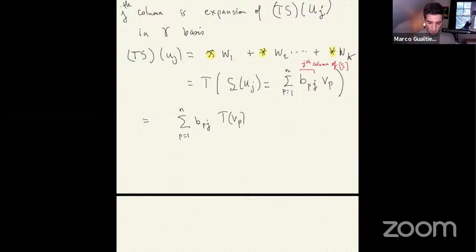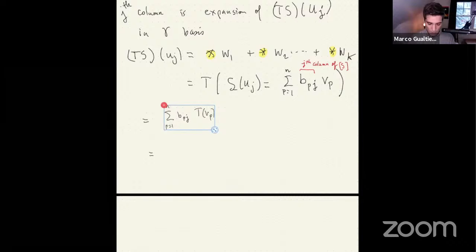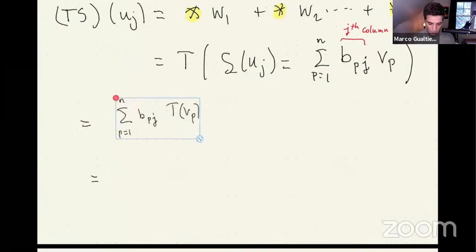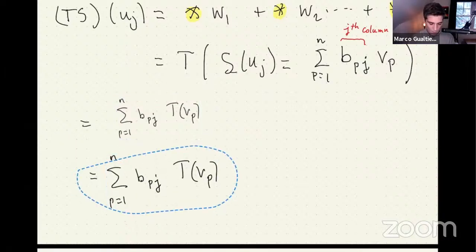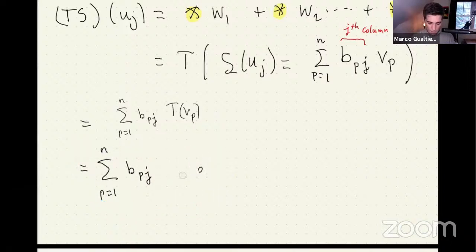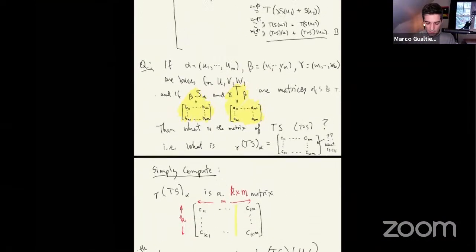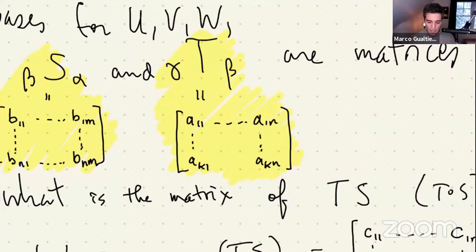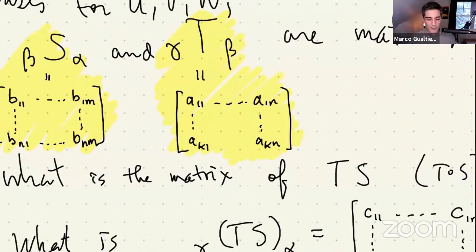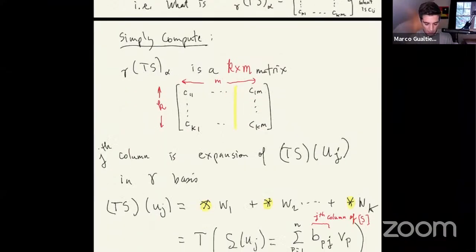And for this T of Vp, I need to use the matrix of T. I'm applying it to the pth basis element in beta, so I'm going to get the pth column of T, which is just a bunch of A's.